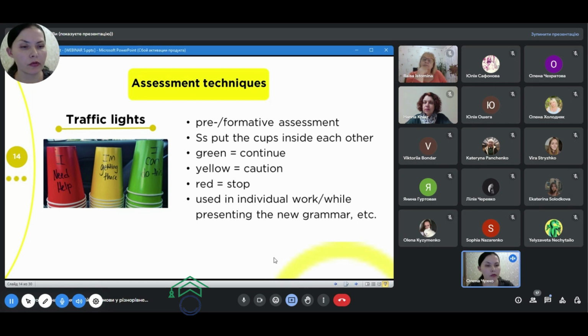This technique can be used while you are explaining something, and you will understand in the process of explanation whether your students need additional examples or alternative explanation. So that is the way this technique is used. It can be used as an individual work. It can be used while presenting some new material.